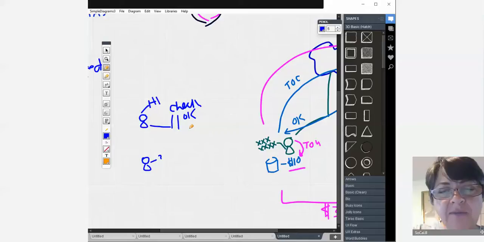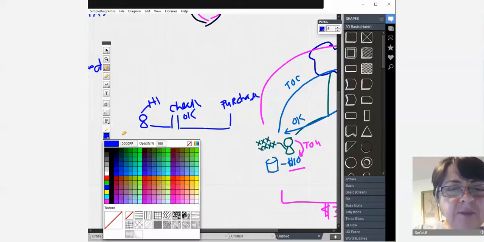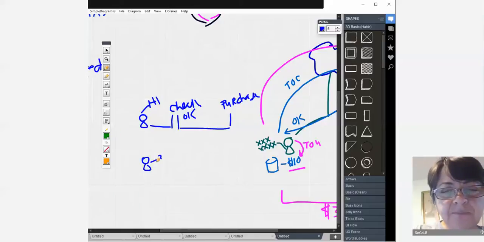Okay. And then before I purchased it, somebody else came between and checked it and then purchased it.